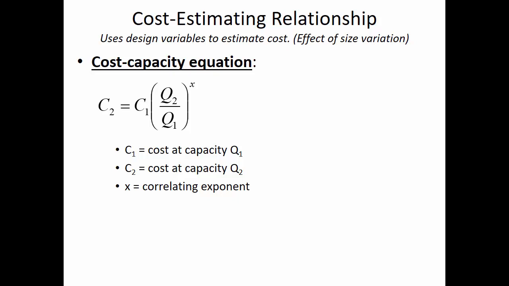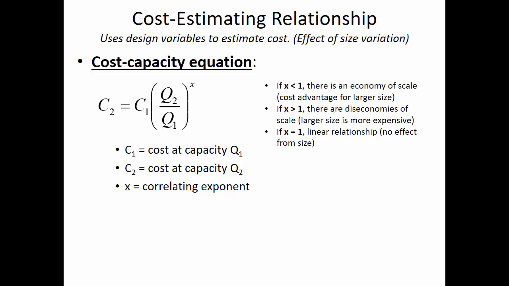So that would be an example of where it's becoming increasingly expensive rather than cheaper for each additional increase in size. And so the exponent relationship x, if x is less than 1, that's called an economy of scale, where you have an advantage for the more you buy and the larger it gets.